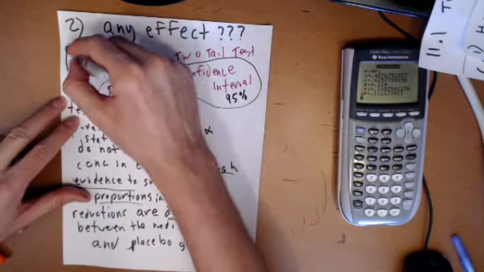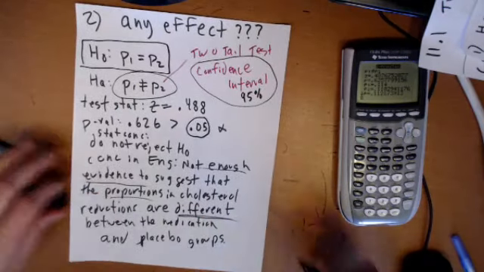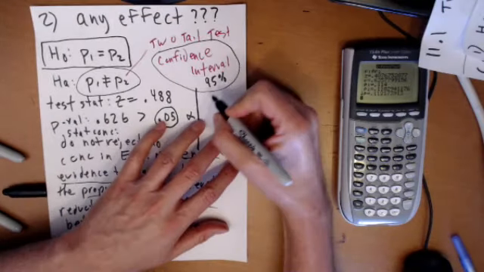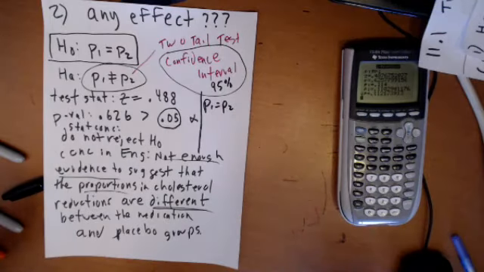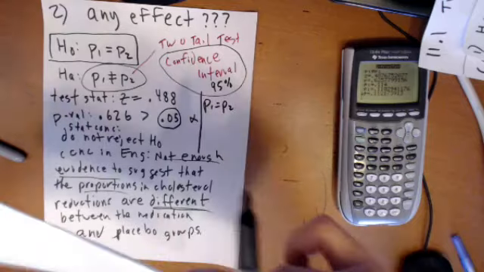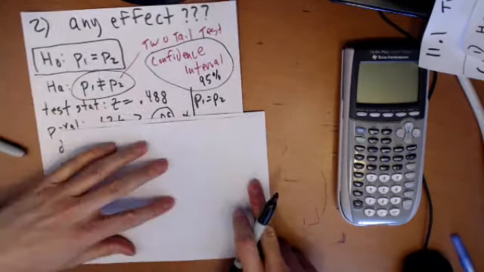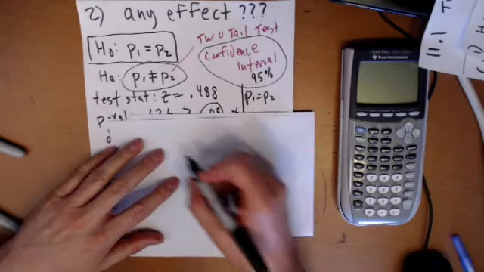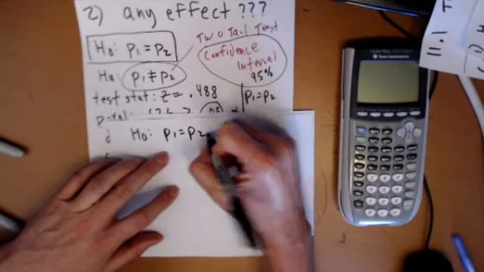Now let's take a look at this null hypothesis. P1 equals P2. Let's write that down right here. Wasting paper, that's what I do. Okay. So the null hypothesis was that P1 equals P2.